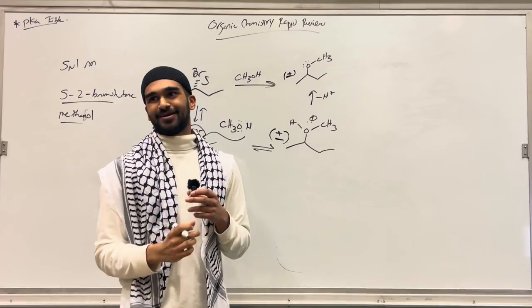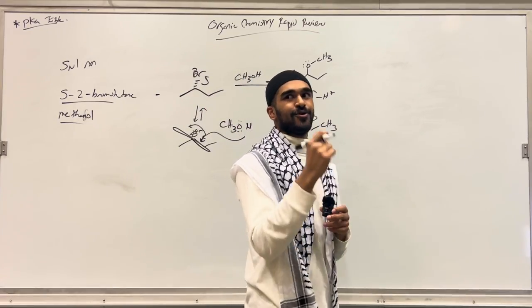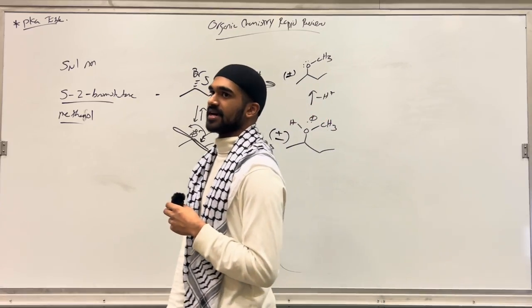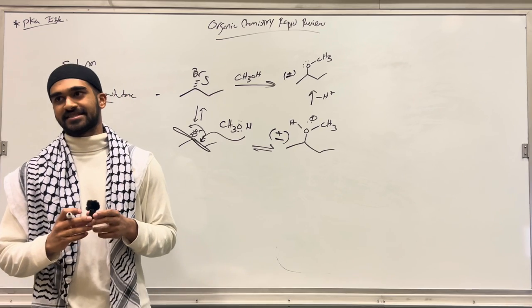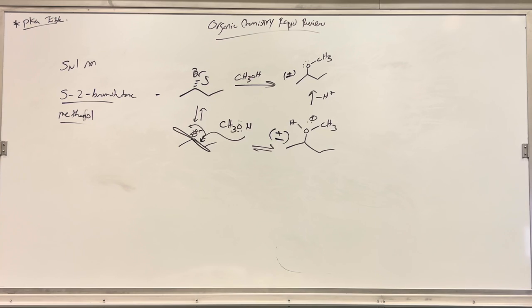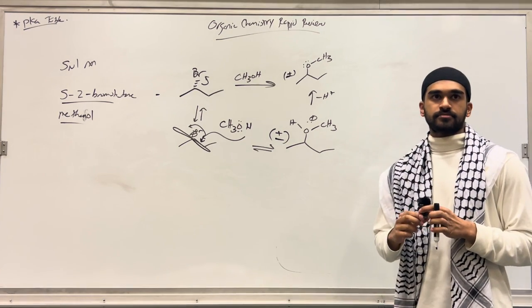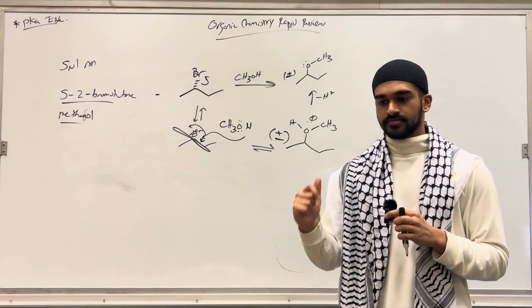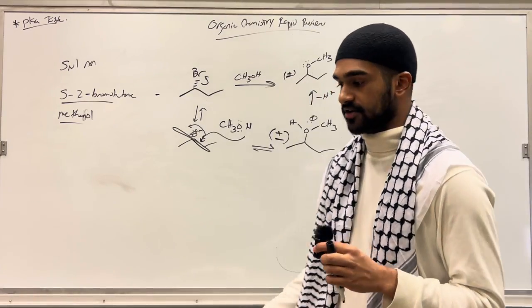So your two products are R-2-methoxybutane and S-2-methoxybutane. Methoxy, yes, that is called a methoxy group. That's your other consideration for the SN1 reaction.